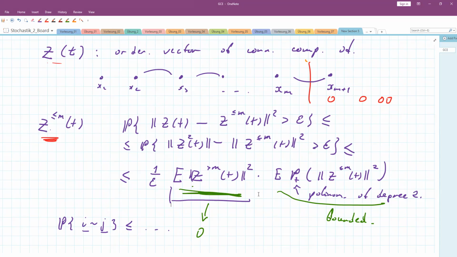Do you know something about these things, or only about the limit distribution?